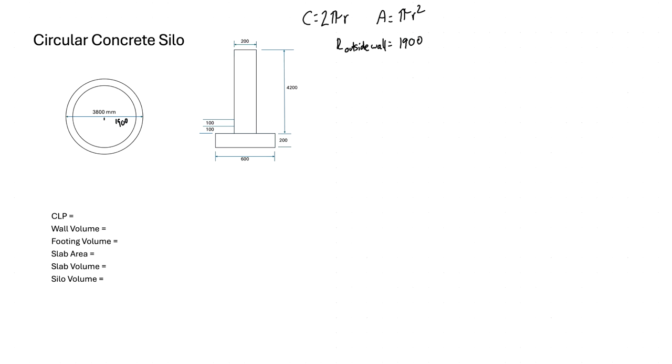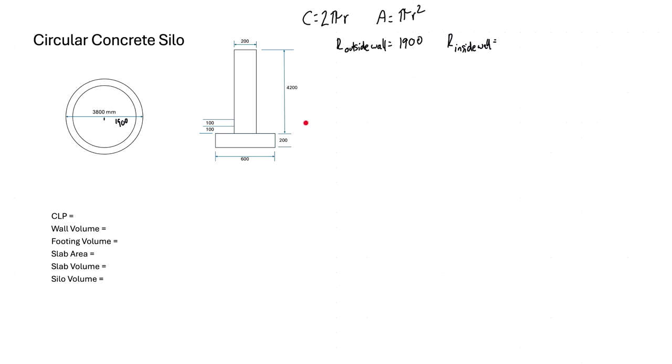Then something else we're going to need is the radius of the inside wall. Why do we need that? Well, later on for our slab, it goes to the inside of the wall. And we're going to need the radius for that then.